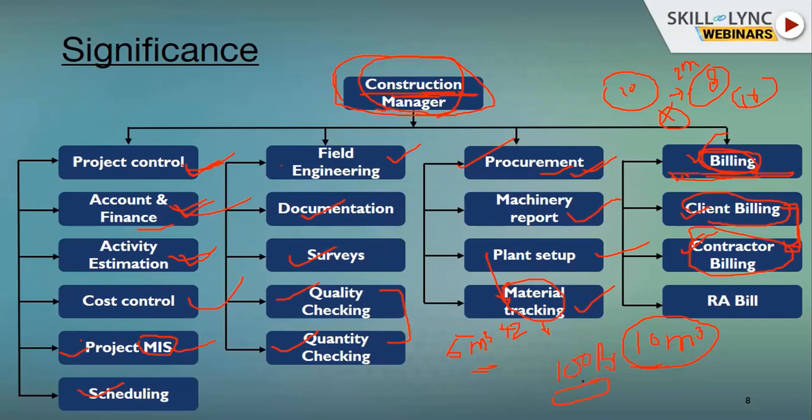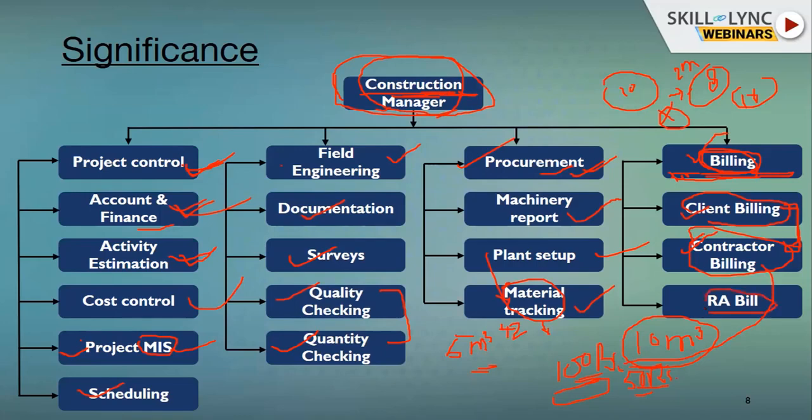So in which process I need to give my bill to the client, that part deals with the client billing. And if suppose I have taken a 100 rupees project, and I have given 50% of my work, that is 50 rupees, to some other contractor, then that contractor's billing needs to be checked by myself. So how we will deal with that part, we will see in detail.